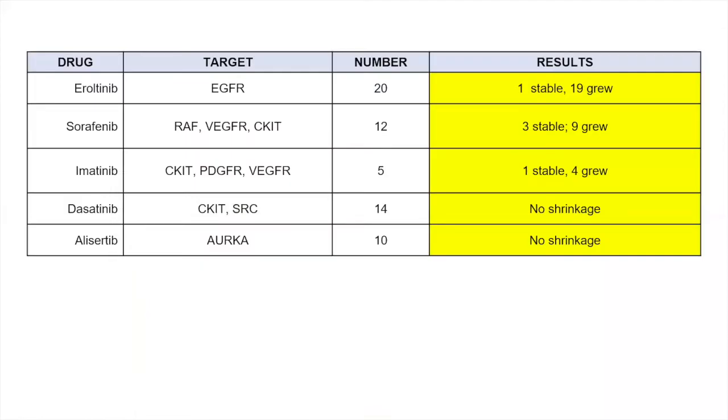What we learned very quickly when we were doing clinical trials for patients with MPNSTs, or malignant peripheral nerve sheath tumors, was that when we used only a single drug, unfortunately, none of the patients on any of these 5 studies, as you can see from the number of patients in this column, had any shrinkage in the size of their tumor.